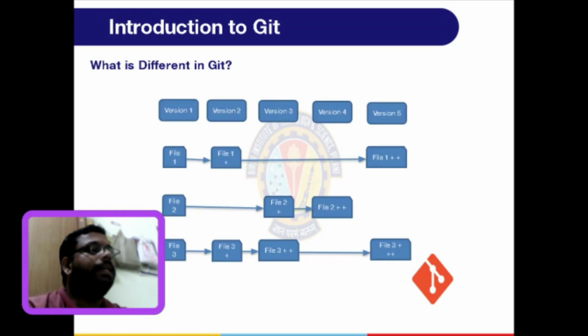Introduction to Git. What is different in Git? Version 1, version 2, version 3, version 4, version 5, with file 1, file 1 plus, file 1 plus plus, file 2, file 2 plus, file 2 plus plus, file 3, file 3 plus, file 3 plus plus, file 3 plus plus plus.